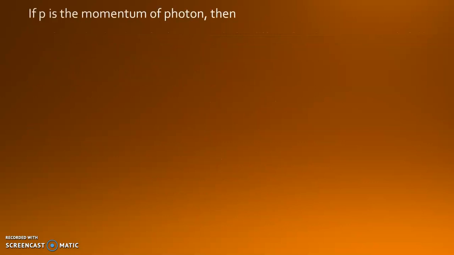Now, if p is the momentum of a photon, that is p is mass into velocity. Here, we consider the velocity as c. So p is equal to mc. In equation 3, which we have already written, h nu is equal to mc square.